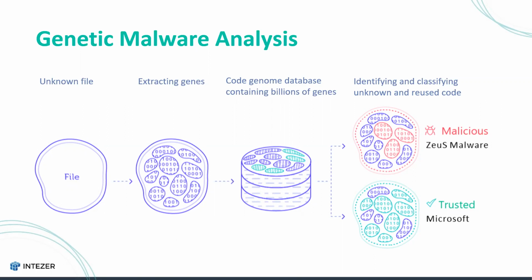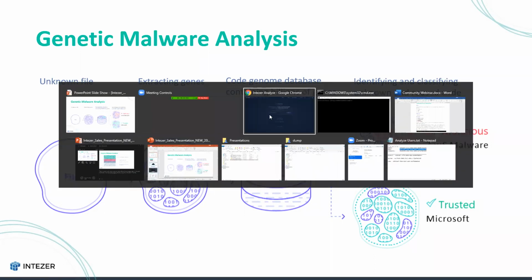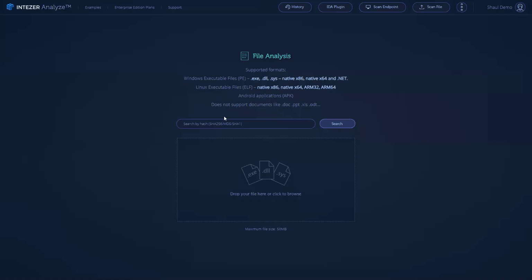So after going through this really short explanation, let me show you an example because this is what we are here for. So this is our file analysis platform. We provide here in Intezer Analyze the ability to upload PE files, ELF files, and Android APKs. For PEs, we support native, non-native, that is .NET files.